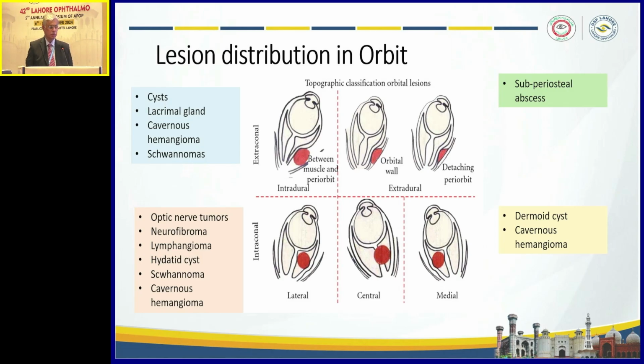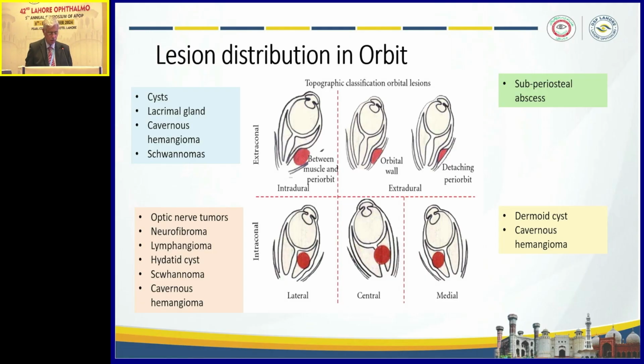And the lesion distribution in the orbit: if we talk about extraconal lesions, they are mainly cysts, lacrimal gland tumors, cavernous hemangiomas, schwannomas. If we talk about intraconal lesions, these are related to the optic nerve, either medial to, lateral to, superior to, or inferior to the optic nerve.